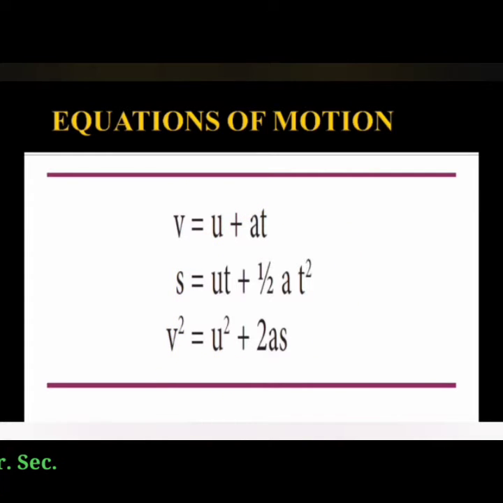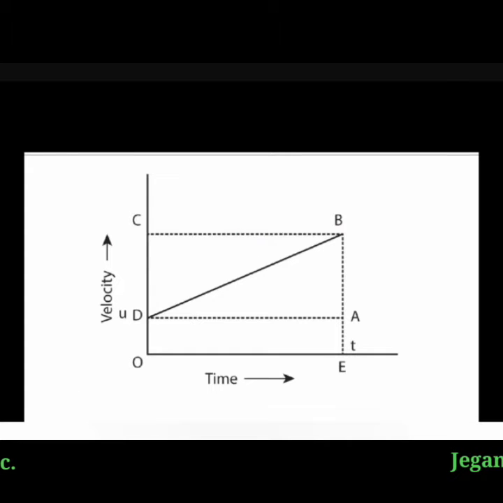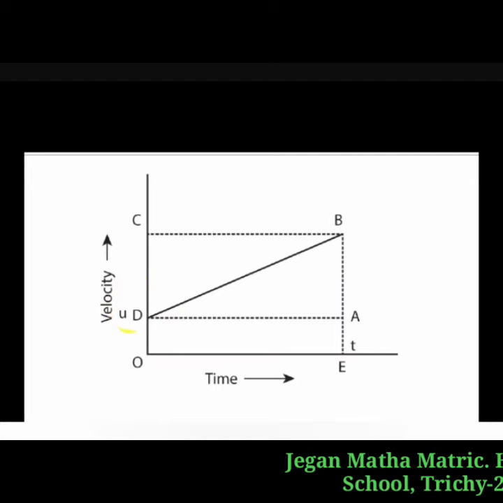Let us try to derive these equations by graphical method. In this figure, the change in velocity with the time for a uniformly accelerated object. The object starts from the point D in the graph with velocity u.